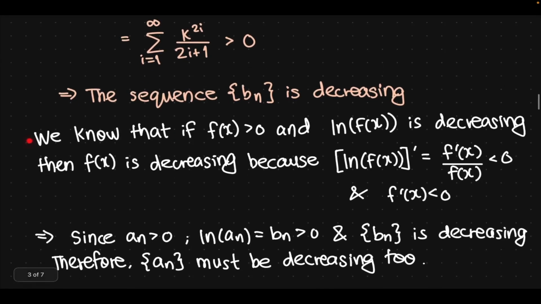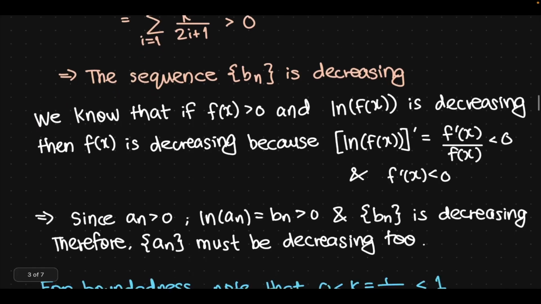This is a general observation which I will connect to the implication we have on top. We know that if f of x is greater than 0 and ln of f of x is decreasing, then f of x is decreasing, because if we take the derivative of ln of f of x, we get f prime of x divided by f of x is less than 0, because the ln of f of x is decreasing.